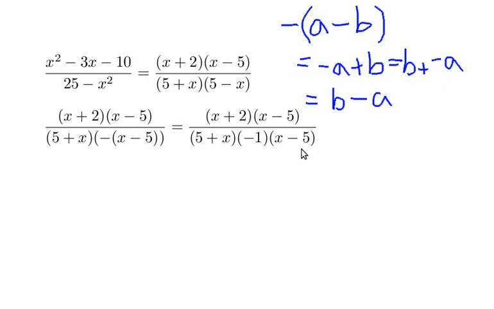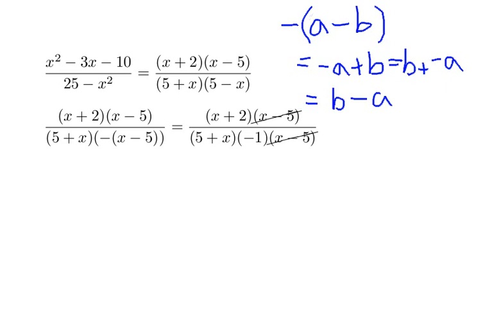So now we have something that we can cancel. x minus 5 on the bottom and x minus 5 on the top. We can cancel those. So those two things can cancel. On the next line, I'll go ahead and fix that.